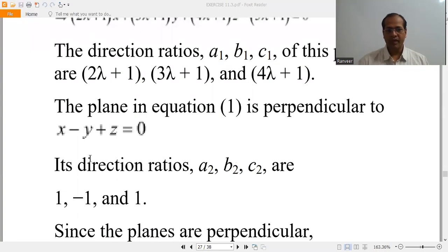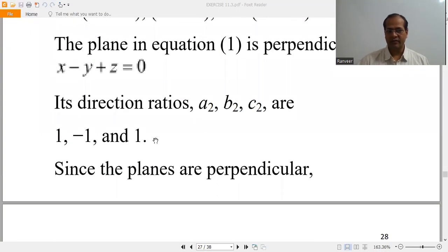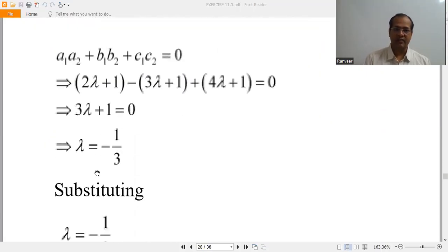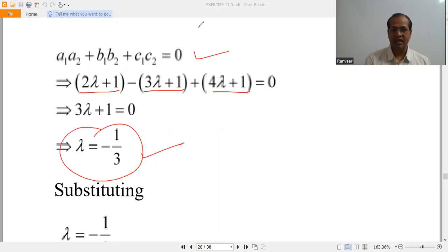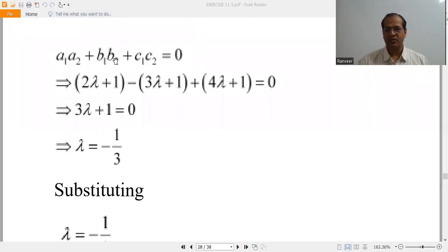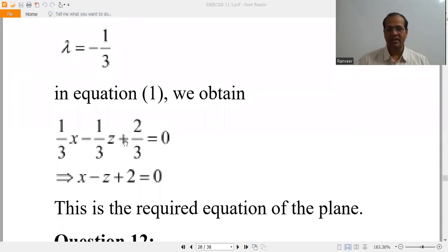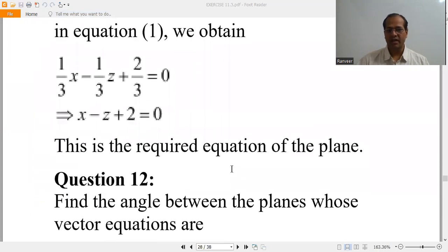Since the planes are perpendicular, this is the condition: a1 a2 plus b1 b2 plus c1 c2 equal to 0. So (2 lambda plus 1) minus (3 lambda plus 1) plus (4 lambda plus 1). Lambda value is minus 1 by 3, and this value we substitute in the required equation, that is in the first equation, and we get the required equation of the plane.